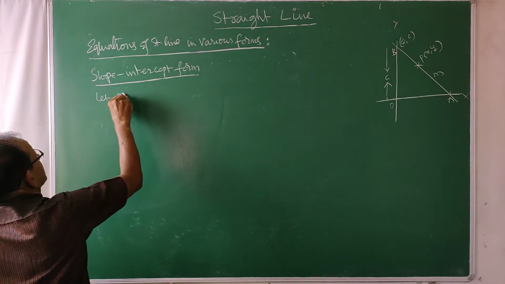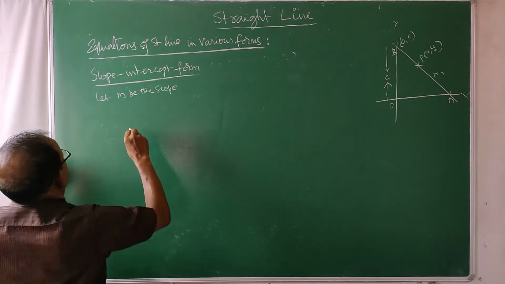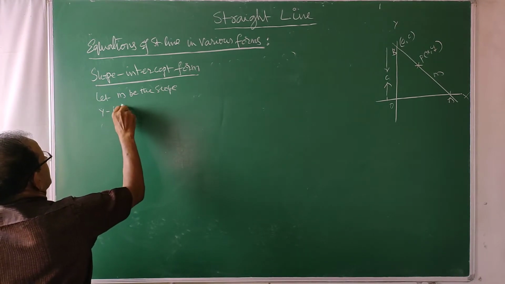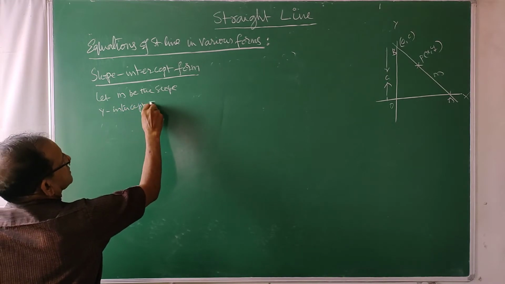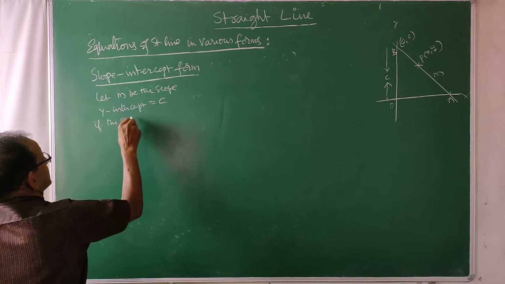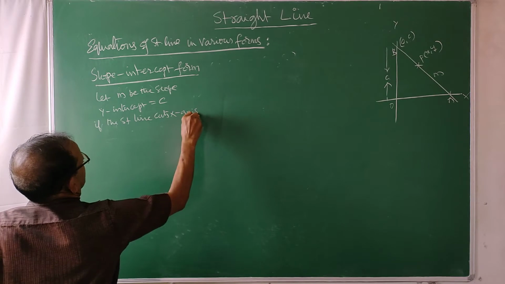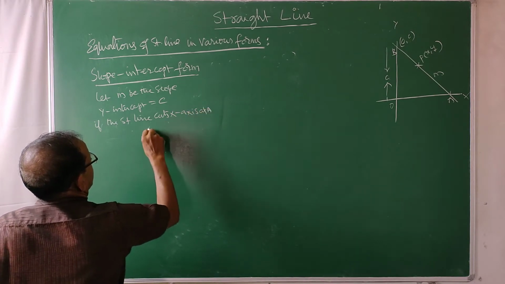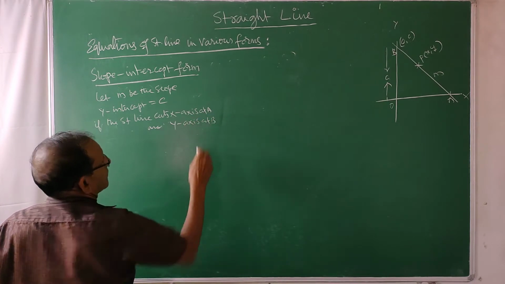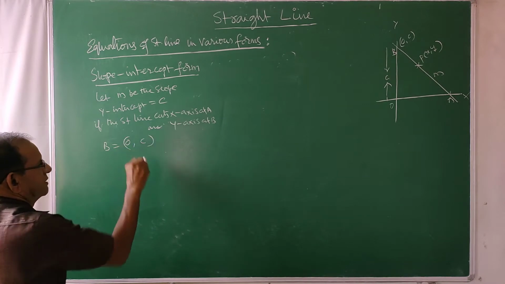Let m be the slope and the y-intercept be equal to c. If the straight line cuts the x-axis at A and the y-axis at B, B is equal to (0, c).